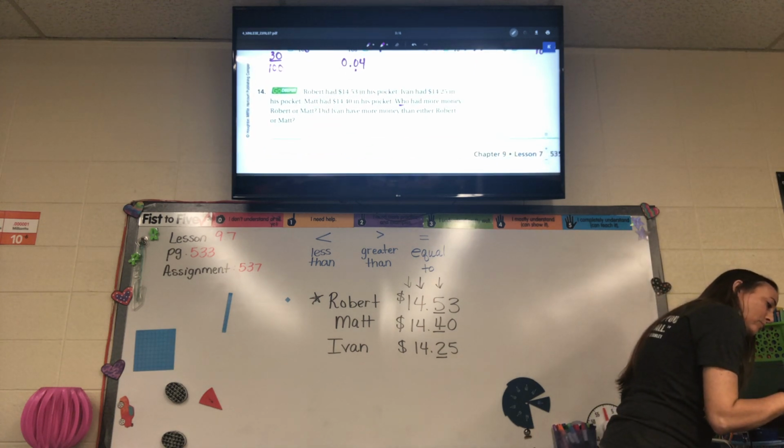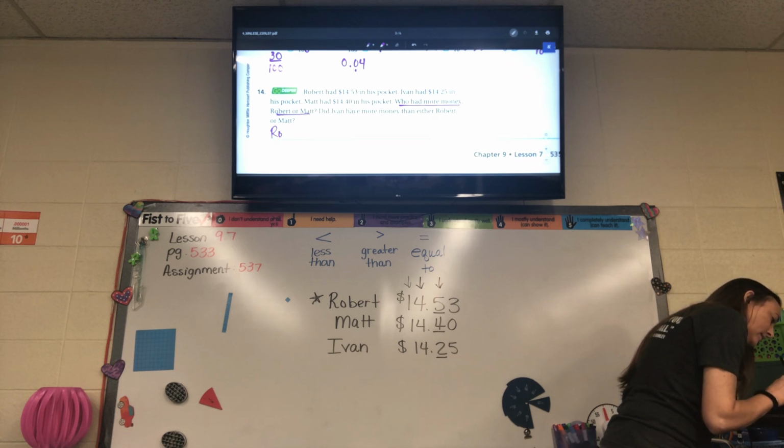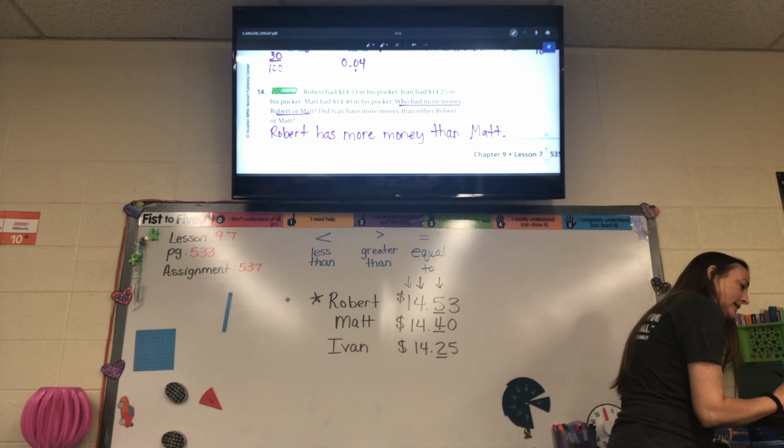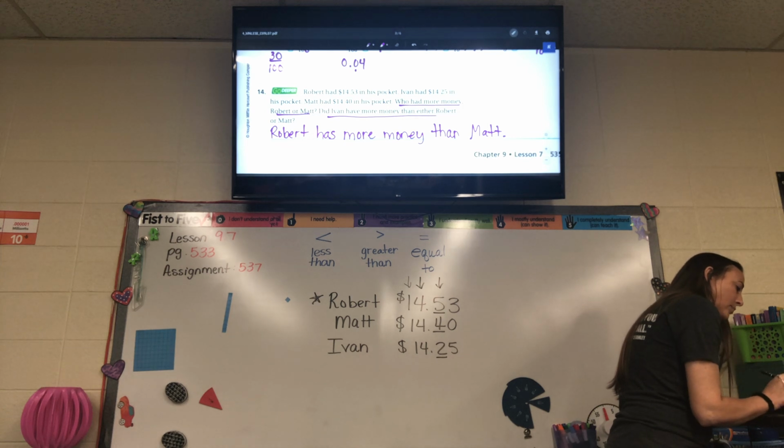because it wants to know who had more money, Robert or Matt. Robert has more money than Matt. And then it wants to know, did Ivan have more money than Robert or Matt?